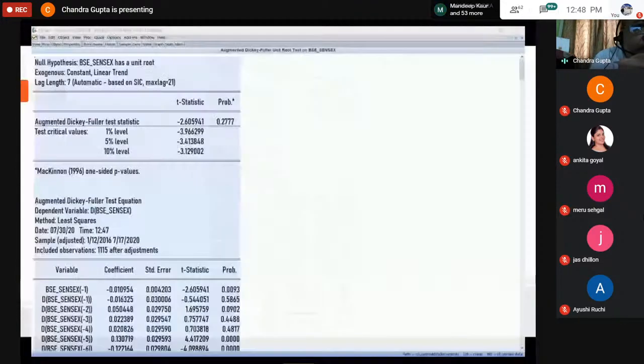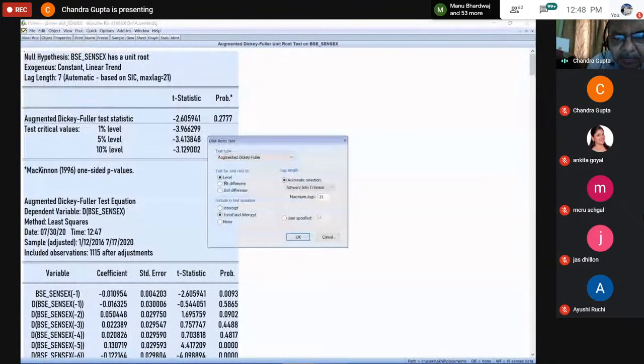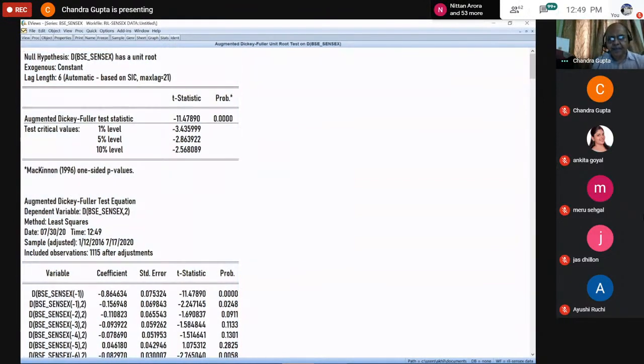Let me go again to unit root. Then it says first difference. That means you are now testing whether, if you take the first difference of the series, it will be stationary or not. When you take a difference, the series will not have a trend, it will have only intercept. So click on intercept, then say okay.